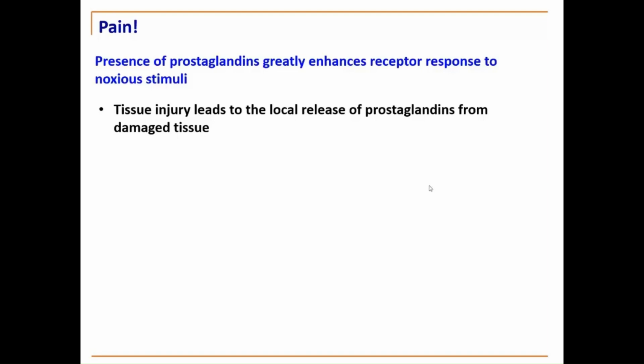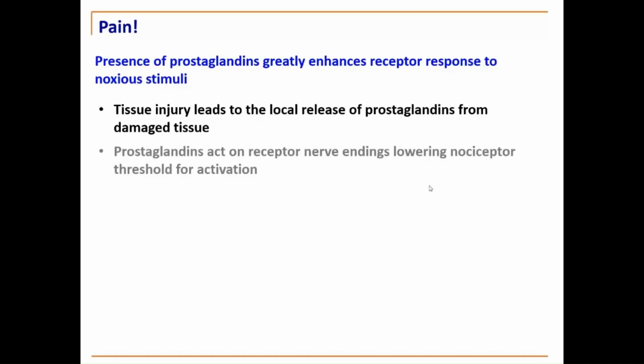Prostaglandins are just fatty acid derivatives derived from the plasma membrane of your cells that act locally upon being cleaved from that lipid bilayer due to that localized tissue injury. The prostaglandins act on receptor nerve endings, and they lower the nociceptor threshold for activation. In other words, it makes it easier to stimulate pain.